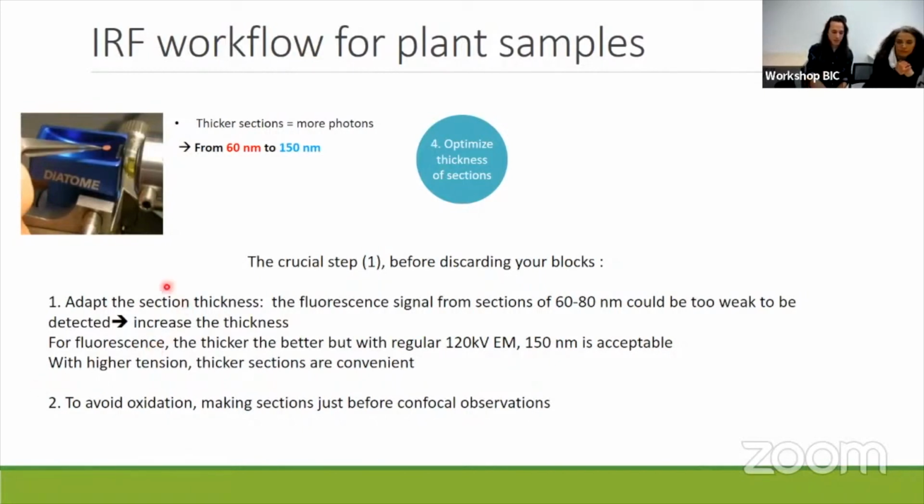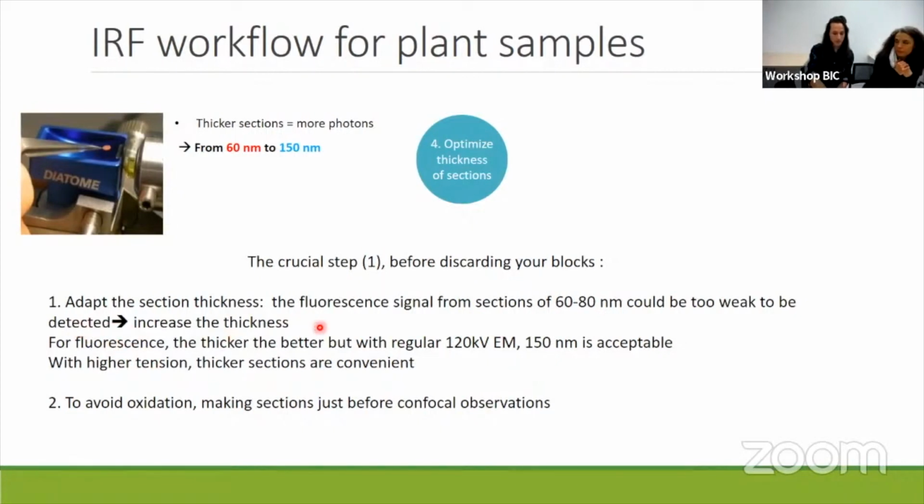So you have to adapt the section thickness. Usually, for good ultrastructure, a very thin section between 60 and 80 nanometers is used, but this could be too weak for the fluorescence to be detected at the fluorescence microscope.